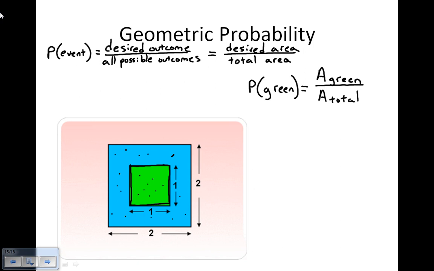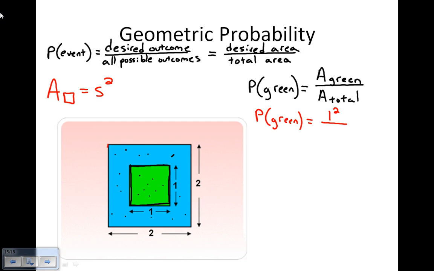So the probability of hitting the green square is the area of the green. Well, the area of the green is a square. We know that the formula for the area of a square is simply the side squared. So here we have 1 by 1 squared. So it's 1 squared over the area of the total.